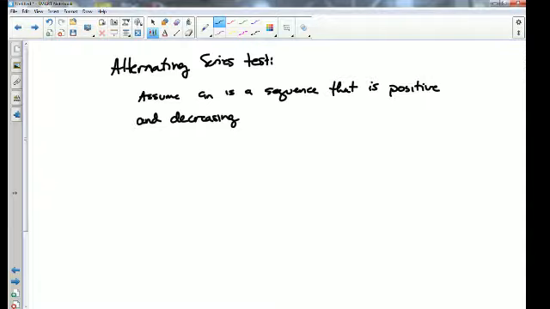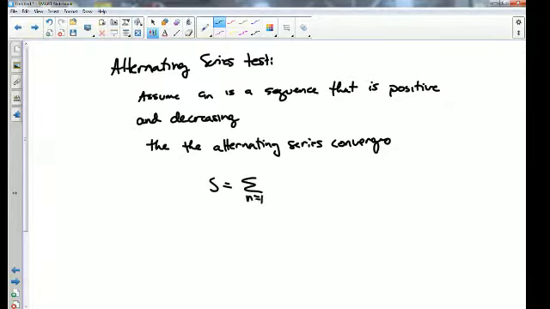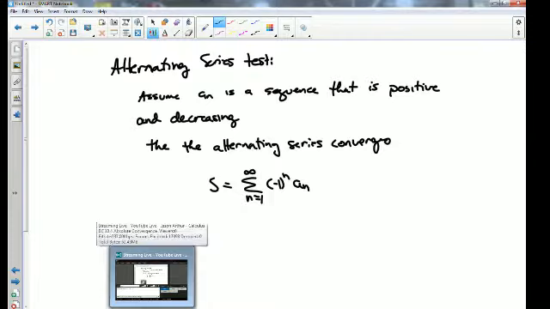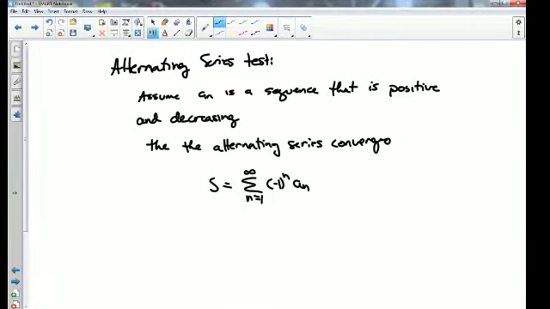Okay. Then, so this series, if we make it alternating, see how we have a positive and decreasing sequence and we make it an alternating series?